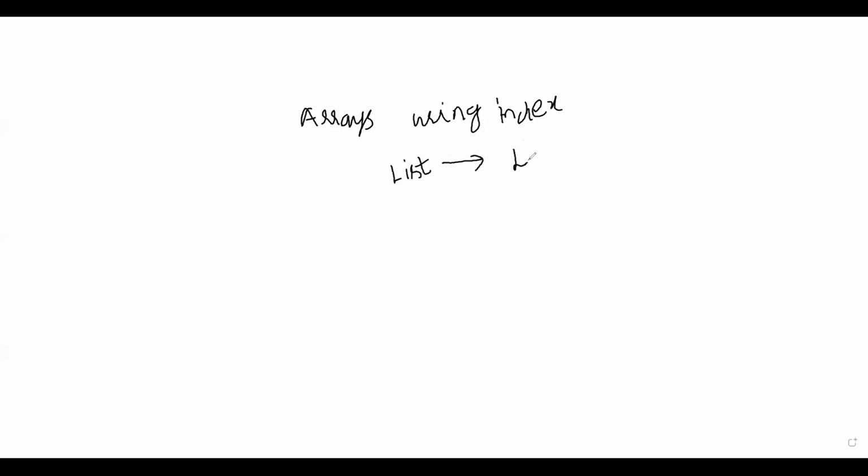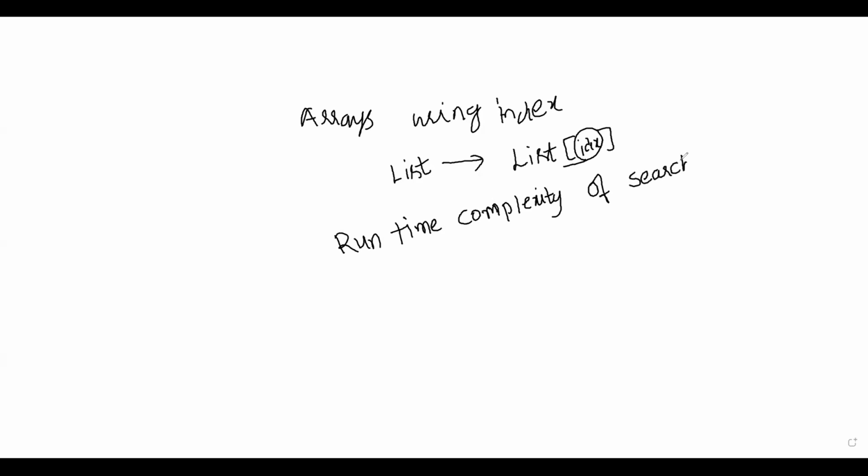So in Python we usually use a list. We usually have an index, and through index we retrieve it. So what is the runtime complexity of searching an element in an array?